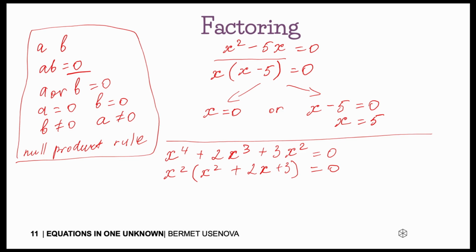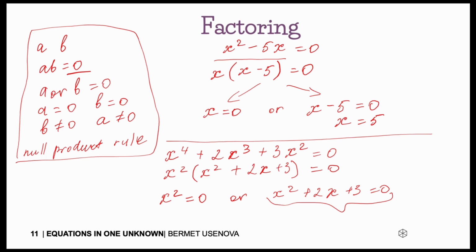This will mean that either x squared is 0 or this expression here is equal to 0. And further, we can solve it through any of the three methods that we saw before and find the roots.